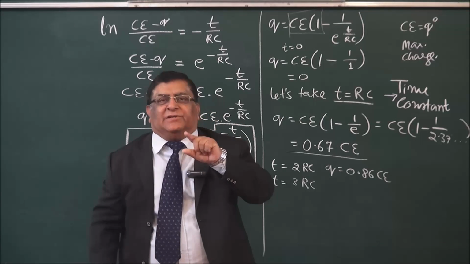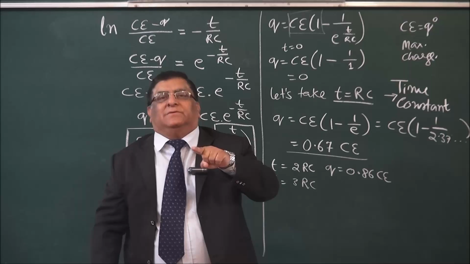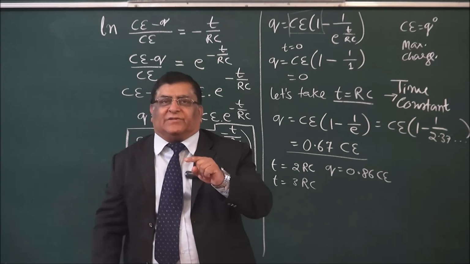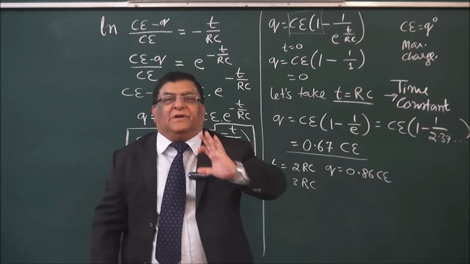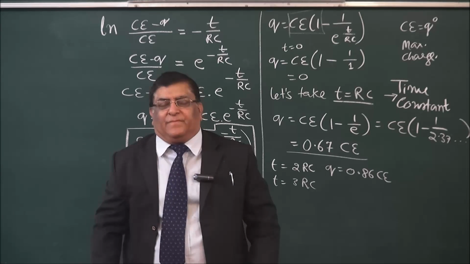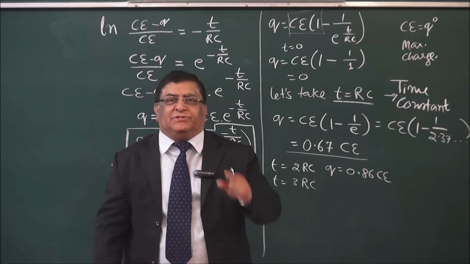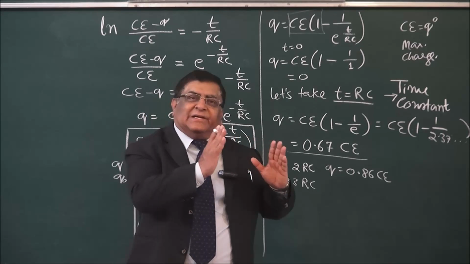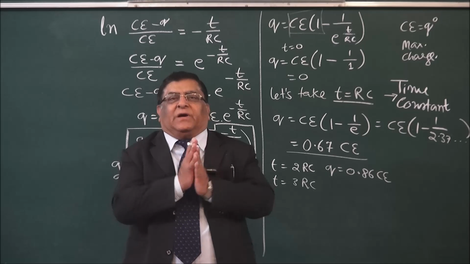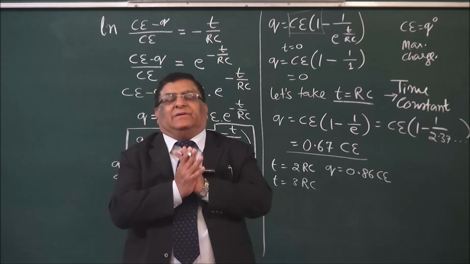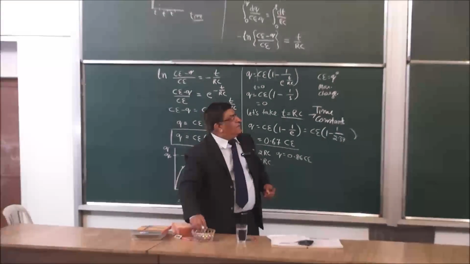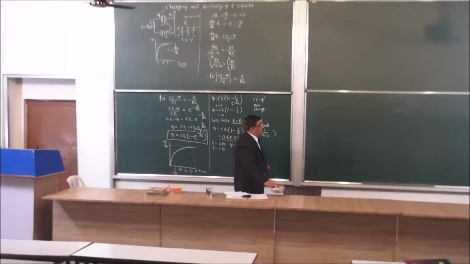Yes, there may be certain resistance in the conductor, and because of that resistance there will be a finite current passing through it, and the full charge, which was Q, goes on decreasing till it finally becomes 0. That state is known as full discharge. And now we will see the discharge process of a capacitor.